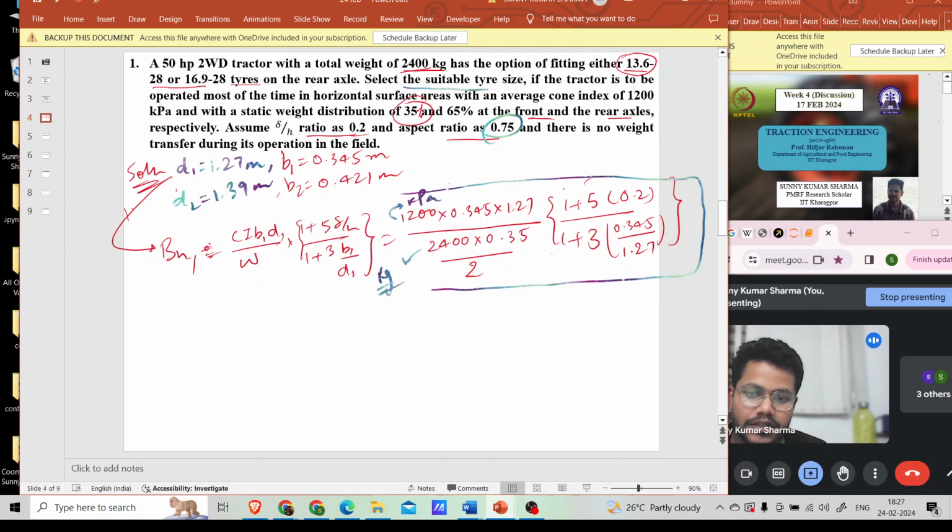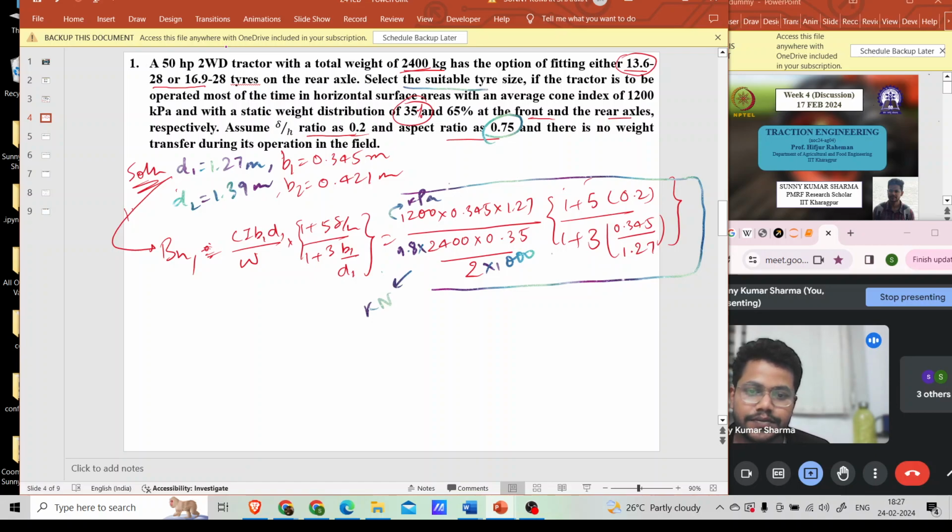You have to convert it into a single unit so that you can apply the formula. To convert kg to Newton, multiply it with 9.8. It will become Newton, and then you divide it with 1000 to convert it into kilonewton. Now it is complete. This is kilonewton.